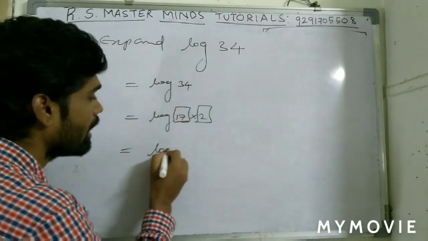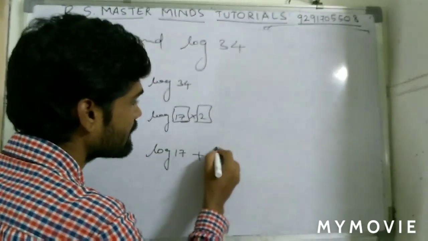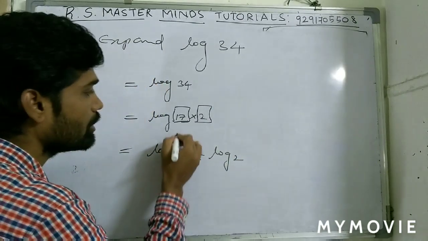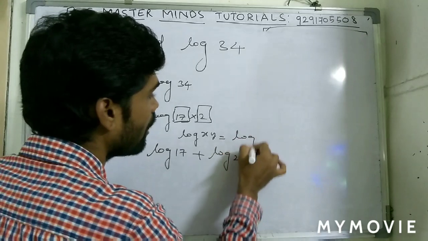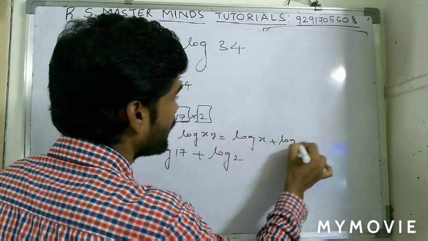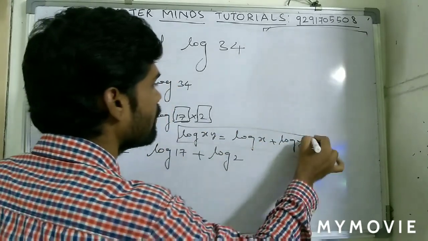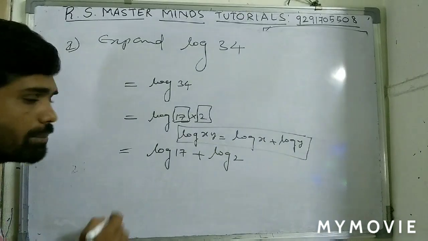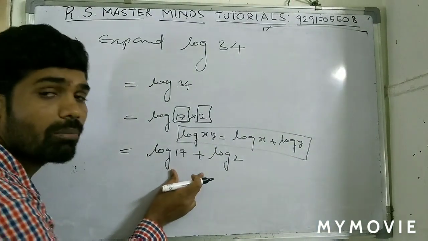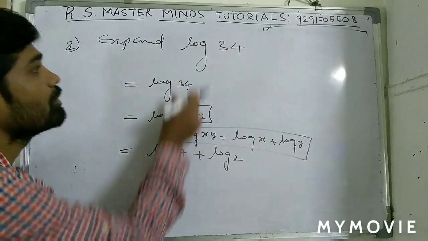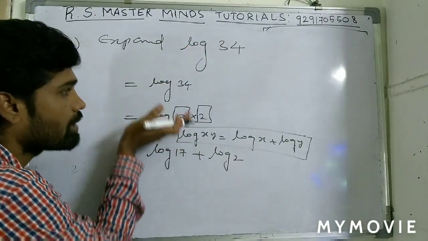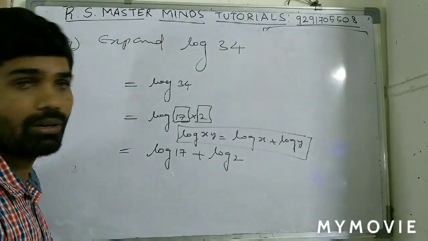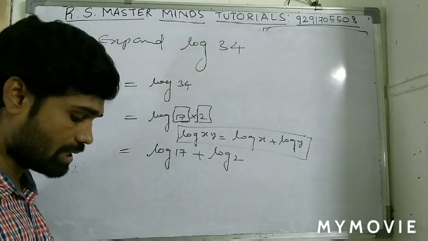So we write log 17 plus log 2. Here we apply the law log xy is equal to log x plus log y. This is one identity. When the problem is given in the expanded form to get the simplified or short form, we just go back through the same steps. I hope you have understood this.